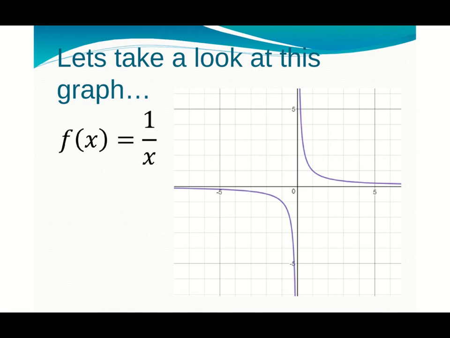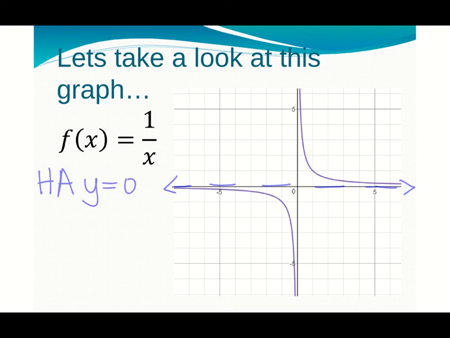Hopefully you remember that from the exponential function in the last unit. This particular graph has horizontal and vertical asymptotes. If we look at our x-axis, it gets really, really close to this line, y equals 0. But it never crosses or touches this line. So this means that we have a horizontal asymptote at y equals 0.